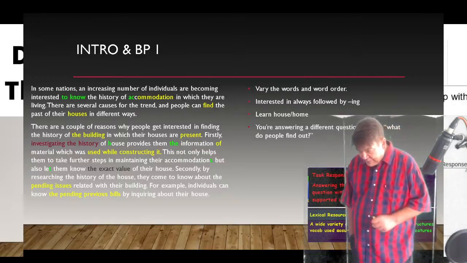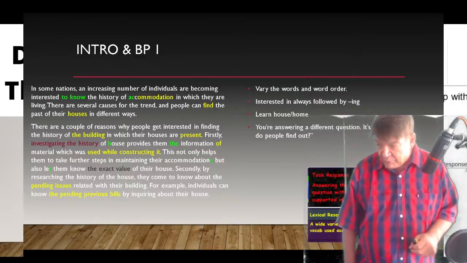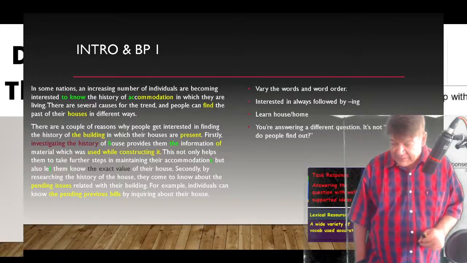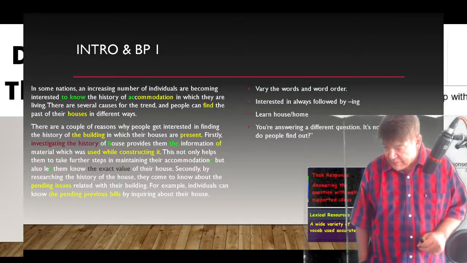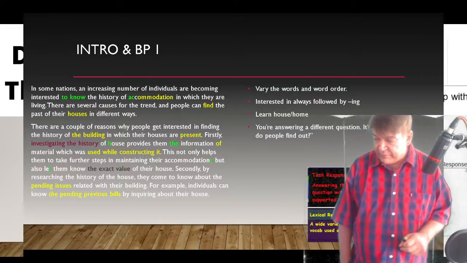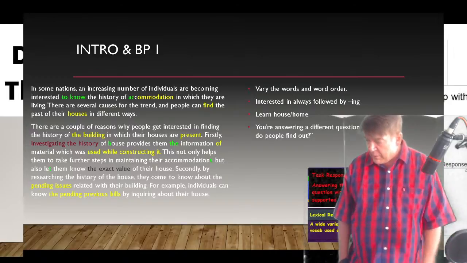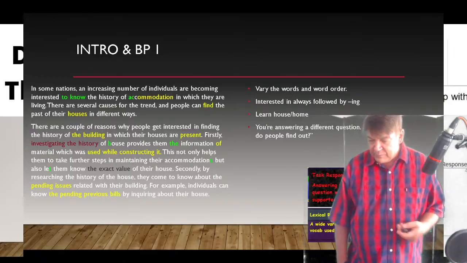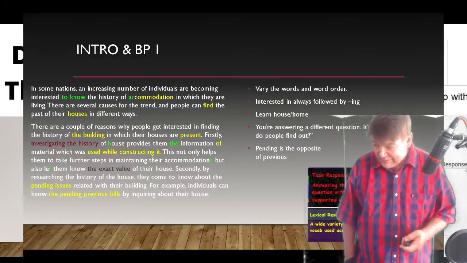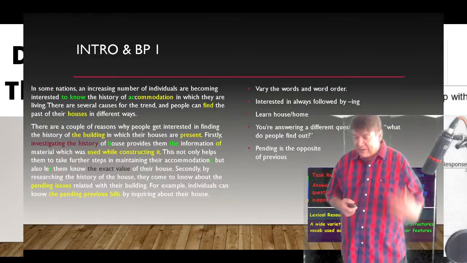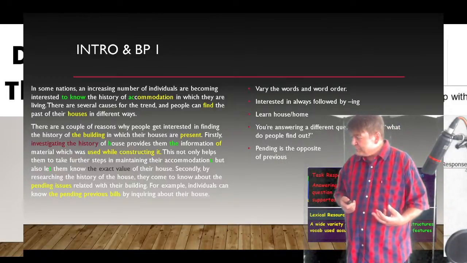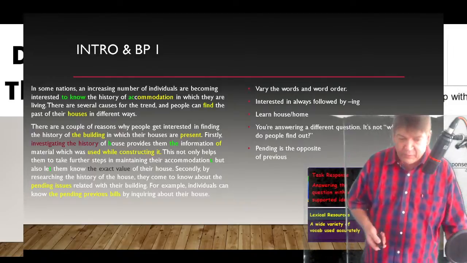All right. So. It not only helps them maintain it, but it lets them know the exact value of their home. Okay. How? All right. So again, it's not a question of whether it's a good idea or a bad idea.